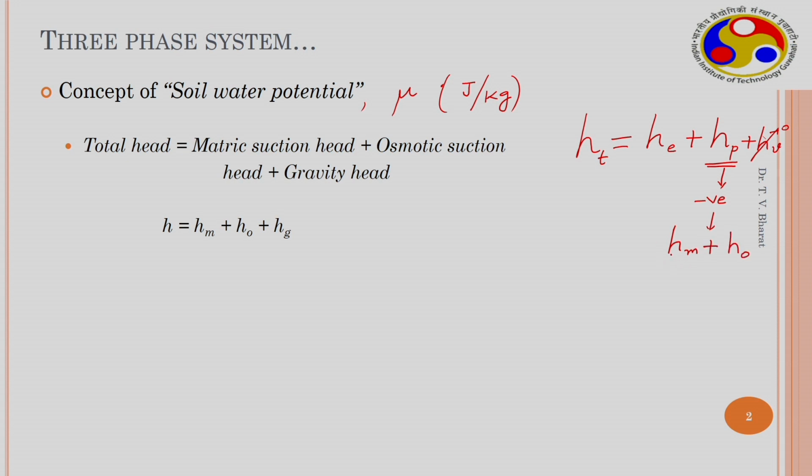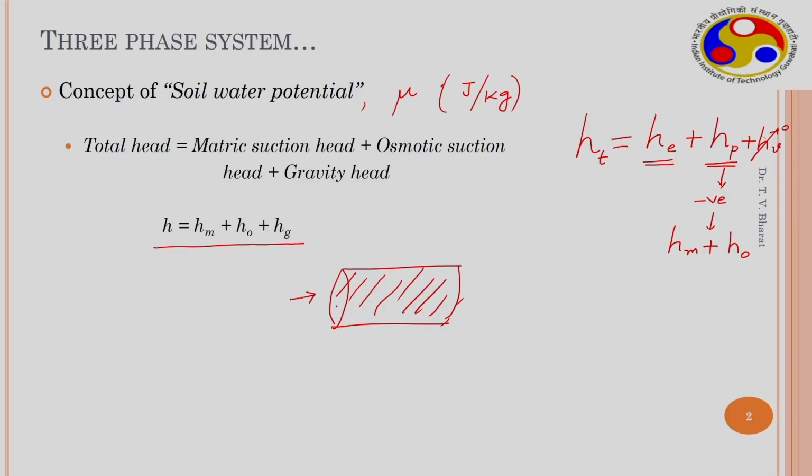The matrix suction head is due to the matrix, the capillary action, etc., which we have considered earlier, and the osmotic suction is due to the presence of salts. So this is the gravity head or elevation head. Therefore the total head should consist of matrix suction head, osmotic suction head plus gravity head. Under this total head, the flow takes place.